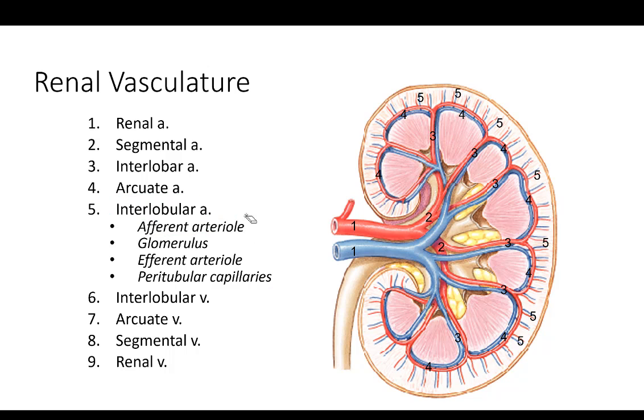I wanted to know the last of the main vessels leading up, which is this interlobular or cortical arteriole, leading up to the vessels within the nephron. The ones that you should have identified were listed as number 5. They're the little tiny lines that are radiating out here in the cortex.